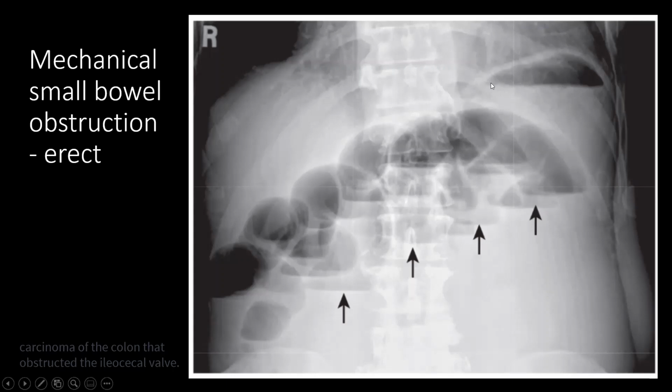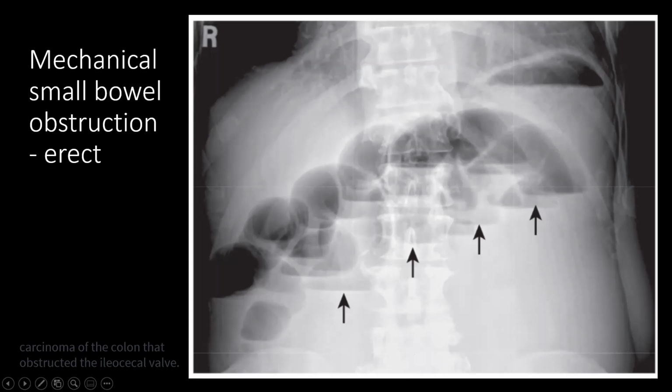How did I know that this is an erect abdominal X-ray? Because this is the gastric bubble over here, and it's just below the diaphragm. When I see an erect abdomen X-ray that has multiple dilated bowel loops with air fluid levels, this sign is called the step ladder sign, and it indicates mechanical small bowel obstruction.